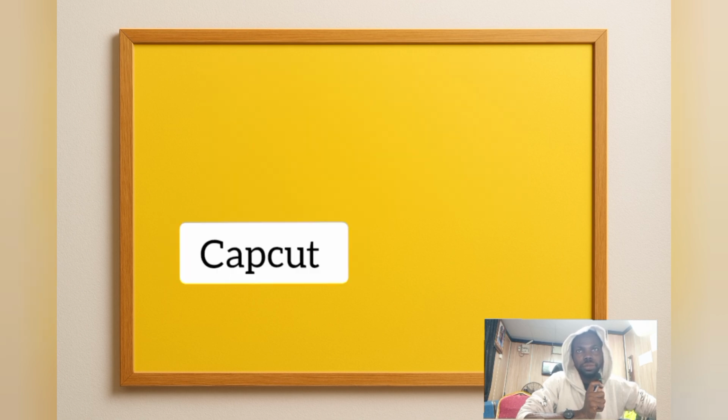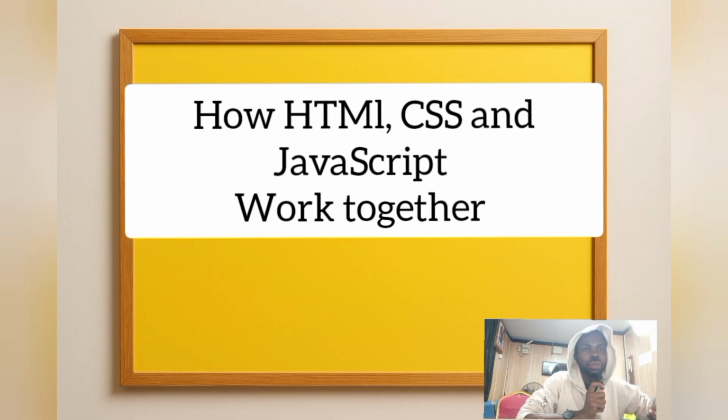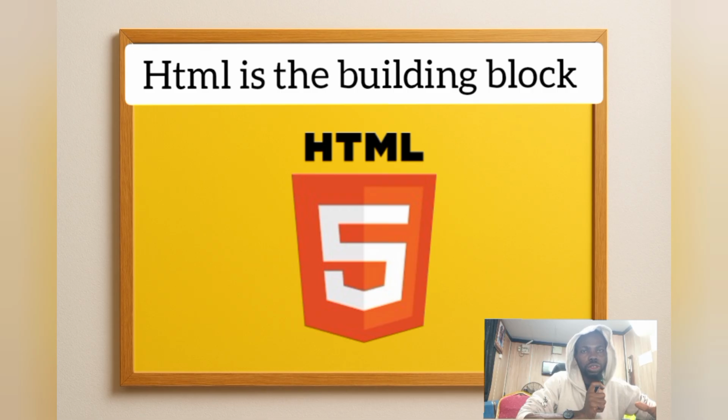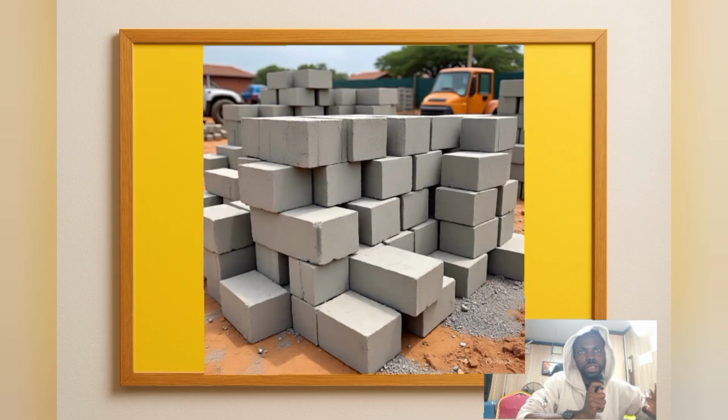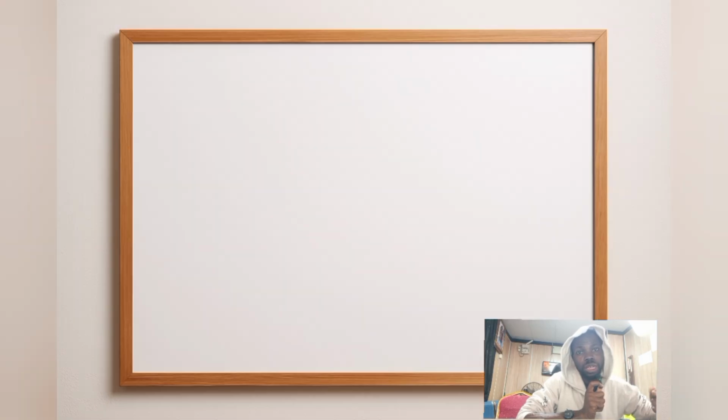So now let's quickly talk about how HTML, CSS, and JavaScript work together. HTML is a building block. Just see a website as a house. Each block which you use to build a website is achieved through HTML. HTML is what you use to put all those blocks together to form a website.